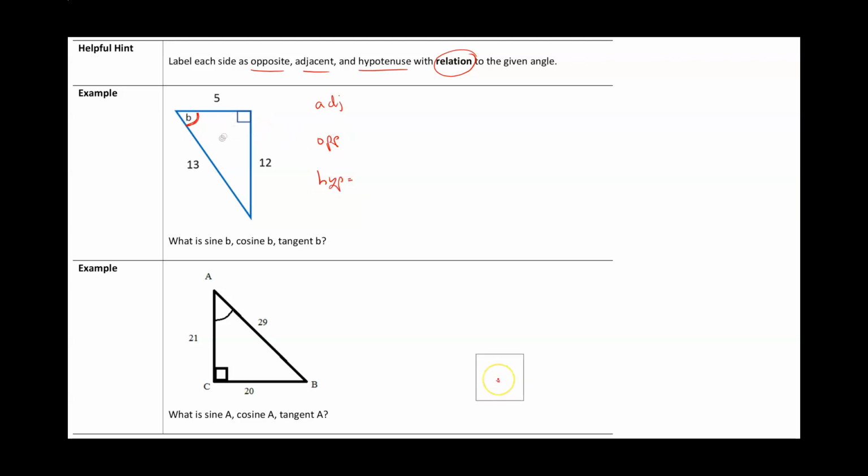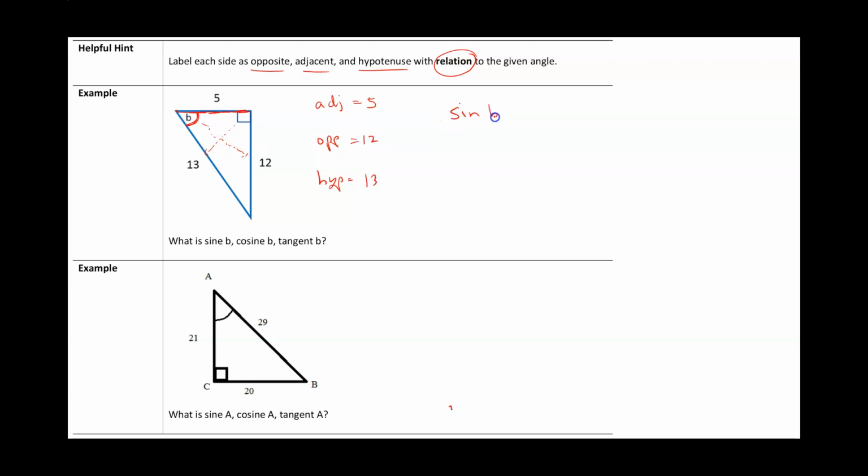I know my hypotenuse is opposite the right angle, so my hypotenuse is going to be 13. Looking from the perspective of angle B, the side that's attached to it is 5, so my adjacent side is 5, and across from it is 12, so my opposite side is 12.